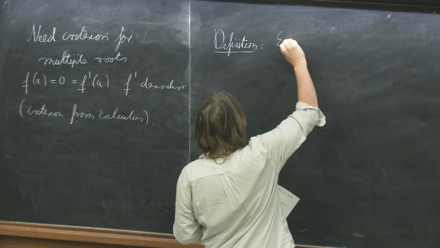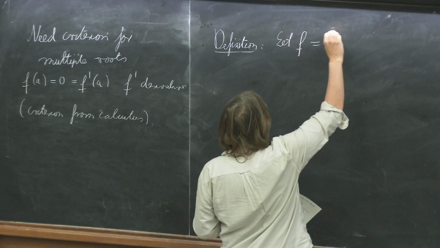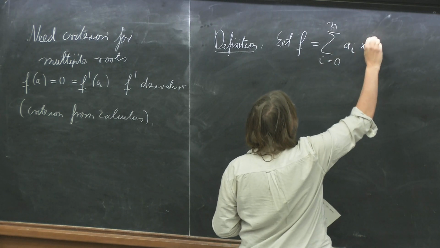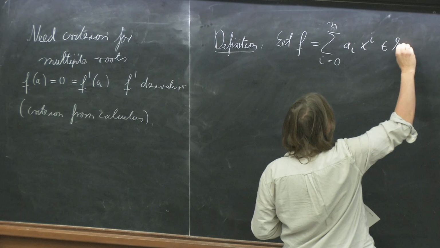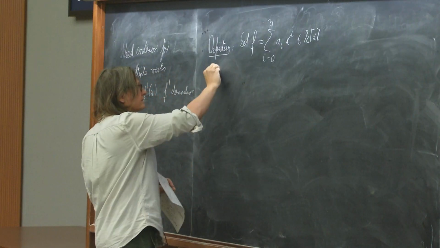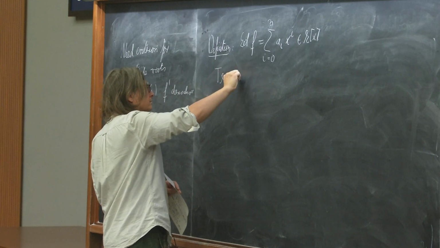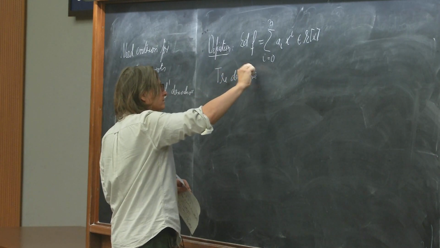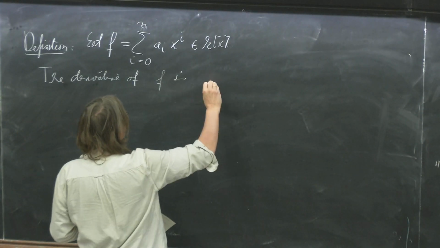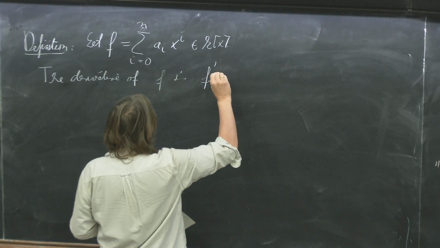Let f equal the sum over i from 0 of a_i x to the i, a polynomial with coefficients a_i. The derivative of f is f prime.